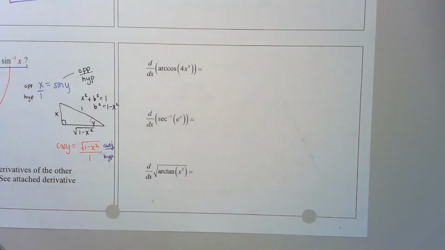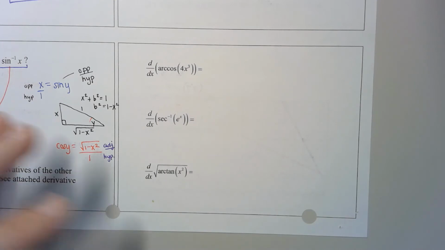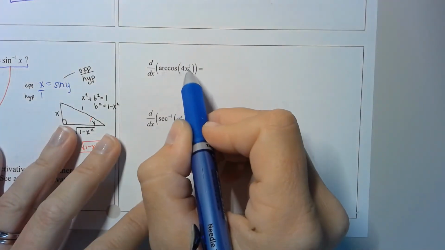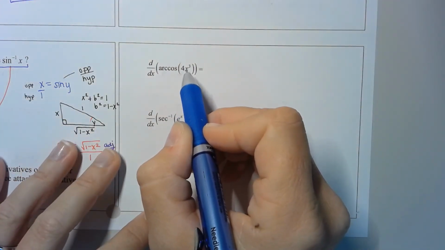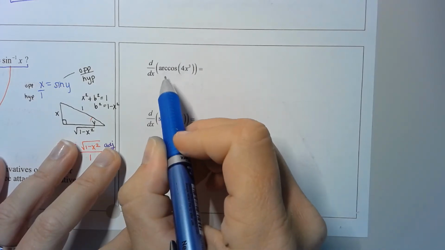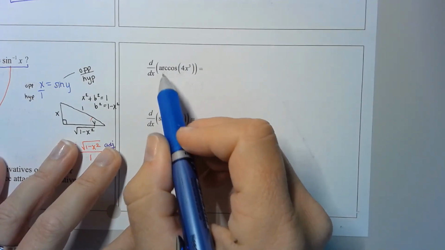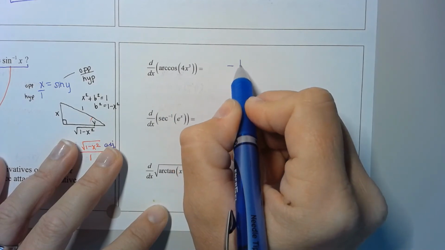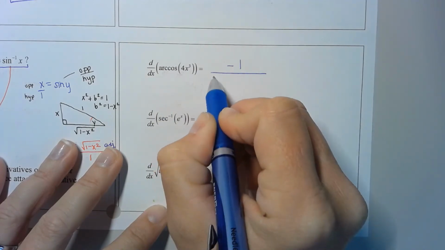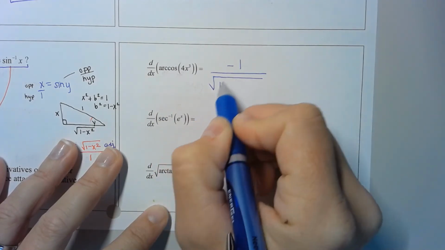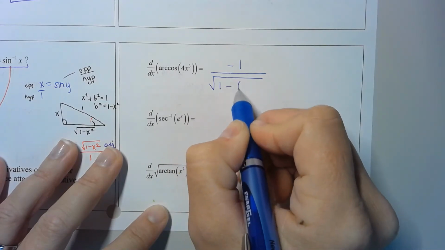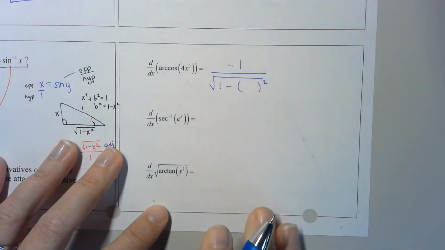All right, let's take a look at some examples. The first one says, I want the derivative of arc cosine, which means inverse cosine, of 4x cubed. Okay, here's what I'm going to do. I'm going to use a template, right? The derivative of inverse cosine is negative 1 over the square root of 1, see how those ones, minus blank squared.